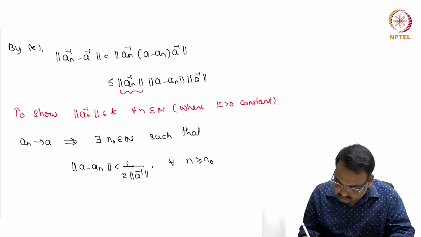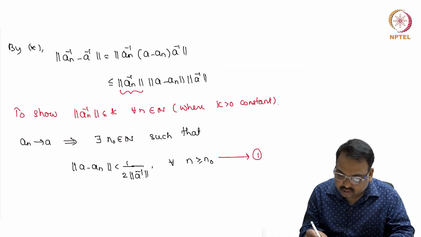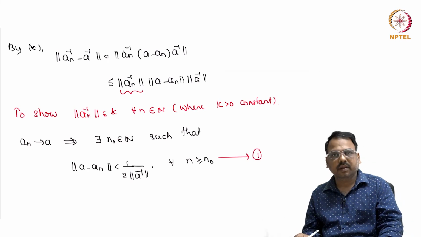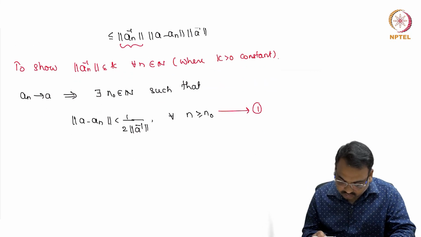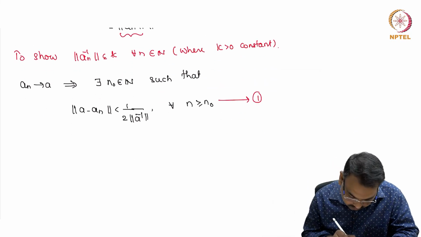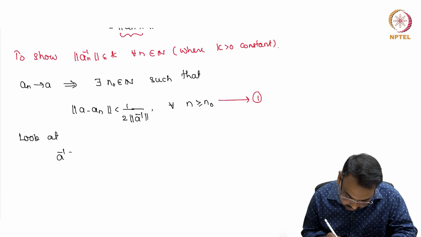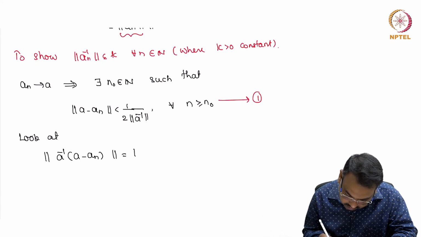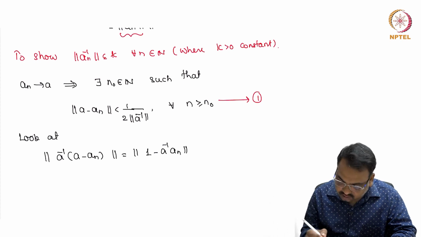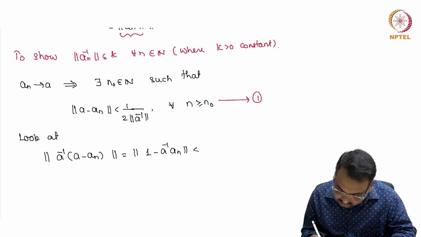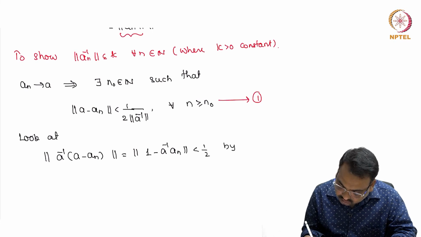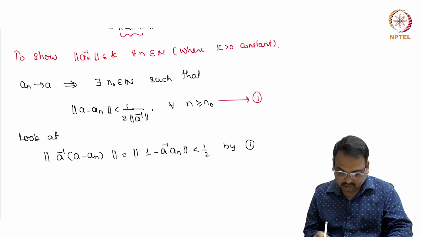Let us call this inequality 1. Now if you look at A inverse into A minus A_n, this norm is nothing but norm of 1 minus A inverse A_n. So by inequality 1 this is less than 1 by 2.